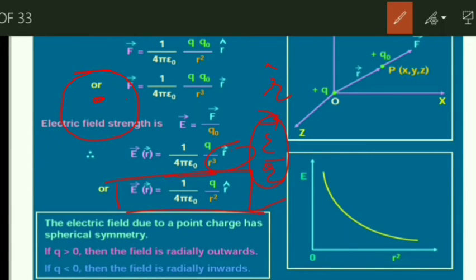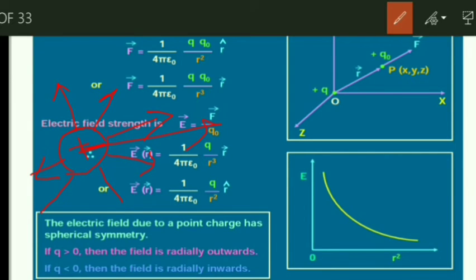Friends, it should also be remembered, this is a very important point and should be used several times further, that if we have a positive charge, then the electric field will be radially outward. Radially means, as this is a spherical charge, the field will be radially outward here.